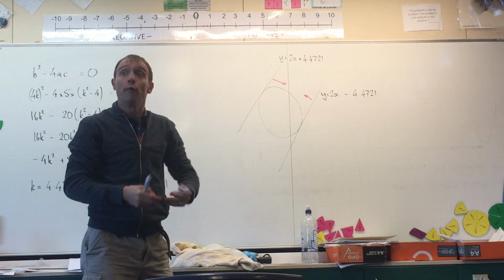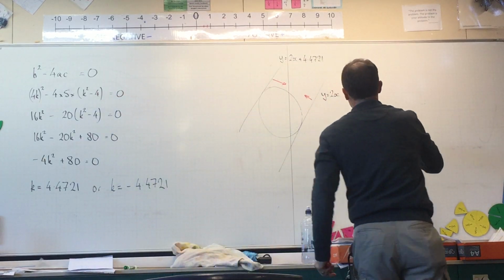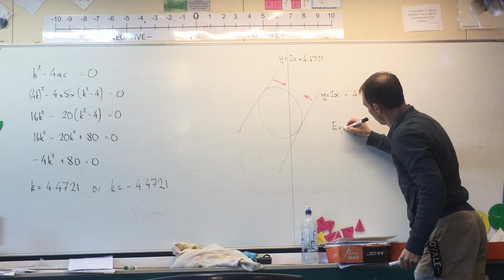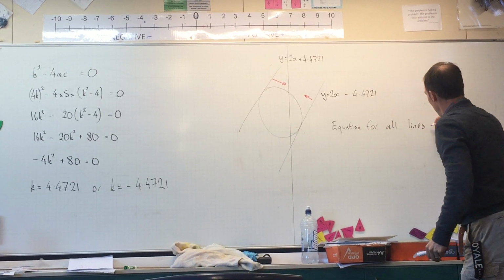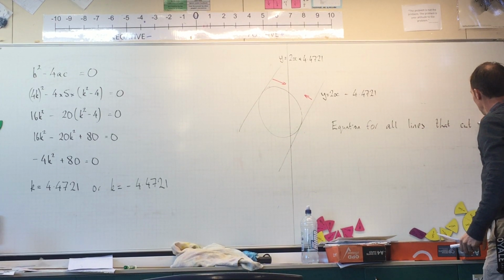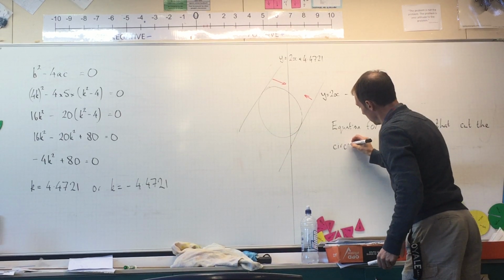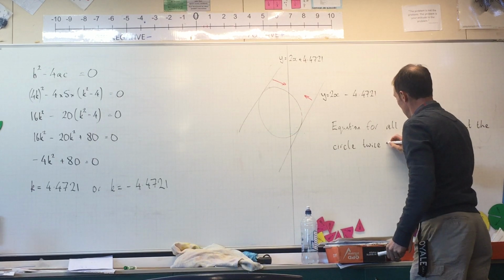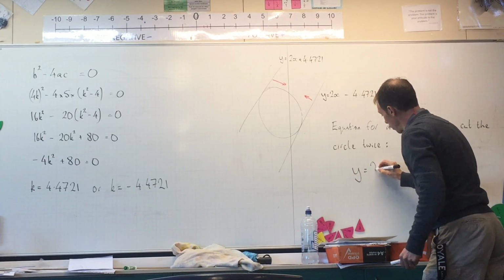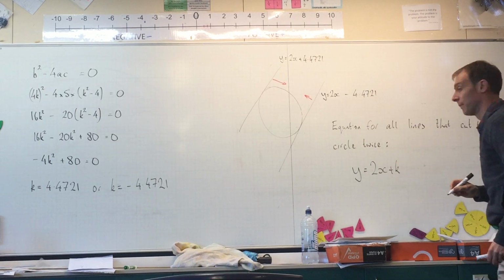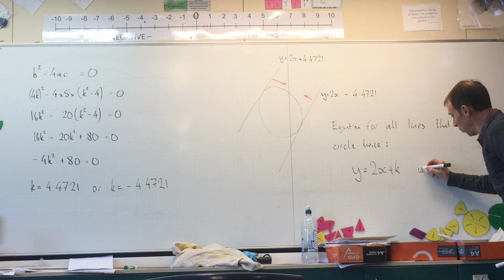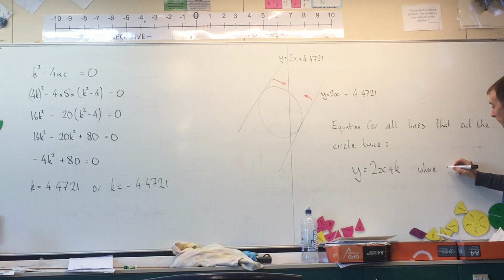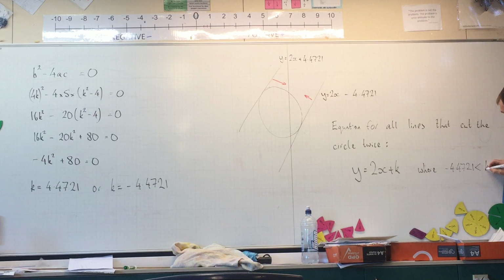So the equation for all the possible lines that cut the circle twice is y equals 2x plus k, where negative 4.4721 is less than k.